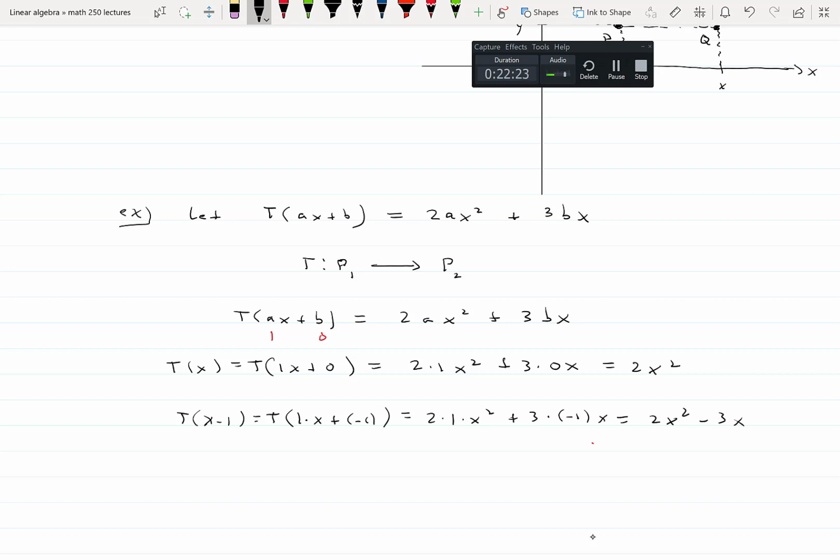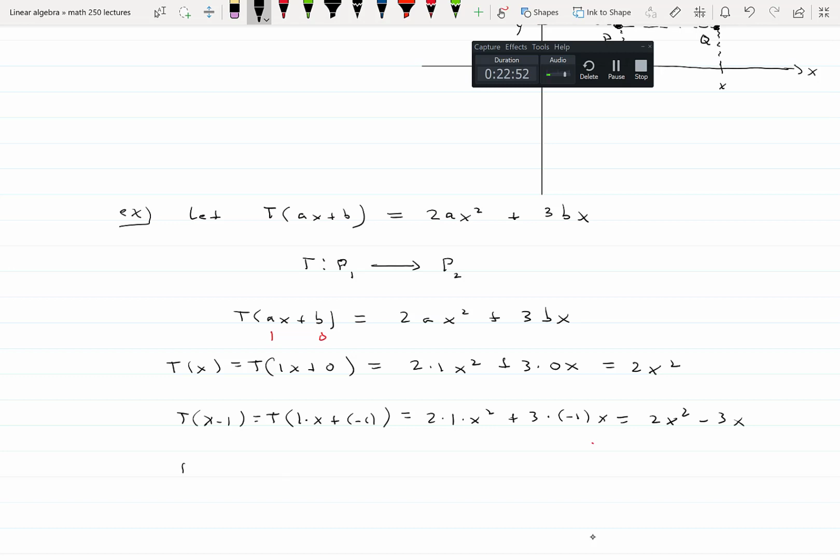So what's the 0 vector in P1? What's the 0 vector in Pn? Remember, Pn is the set of all polynomials of degree n or less. So the polynomial of degree 0 would be y equals 0. Let's see what T turns the 0 polynomial into. Remember, this 0 polynomial is not viewed as the scalar 0.